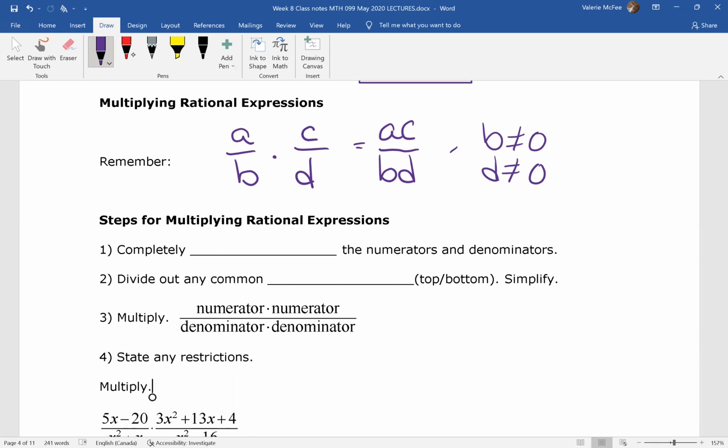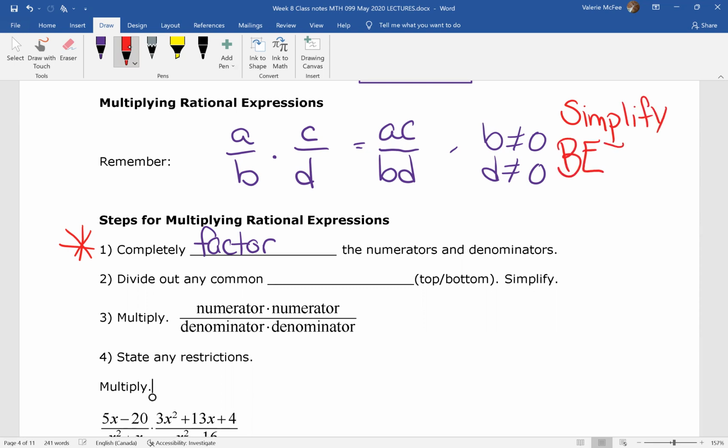Now, again, we have this first step that asks you to completely factor the numerator and the denominator. Because if you remember, back when we were talking about fractions, I said that you needed to learn to simplify before you multiply.